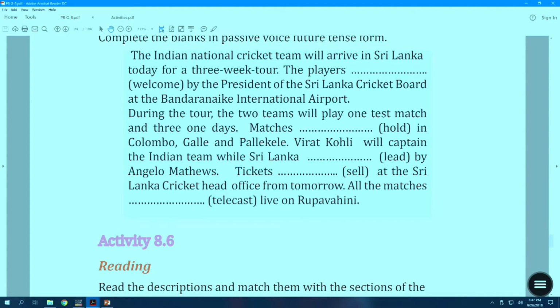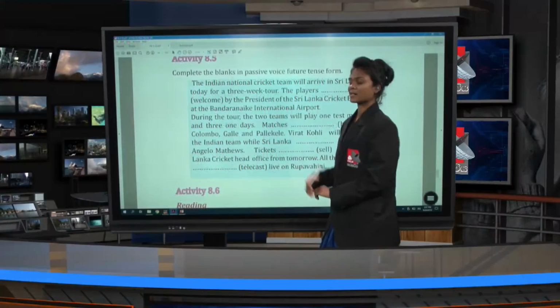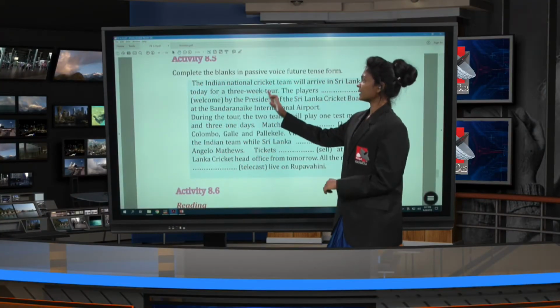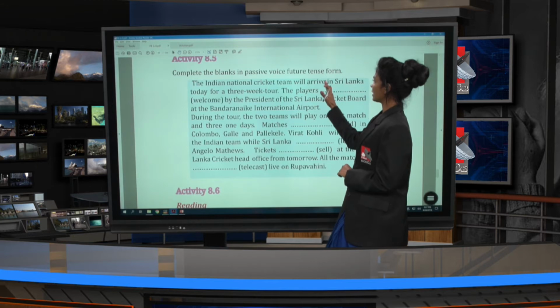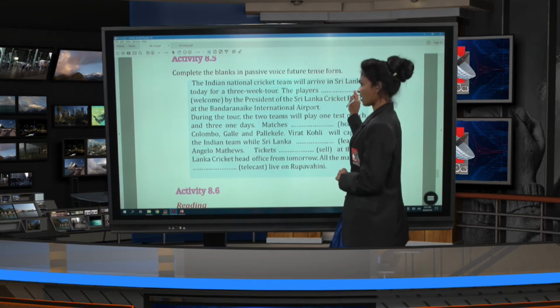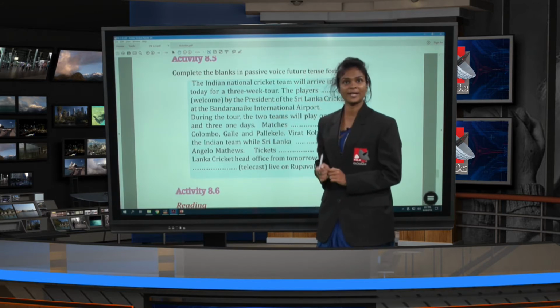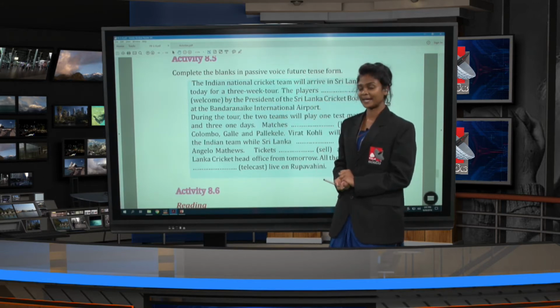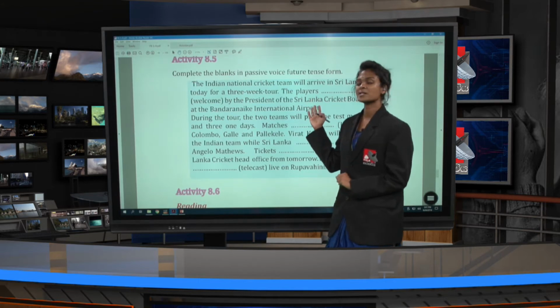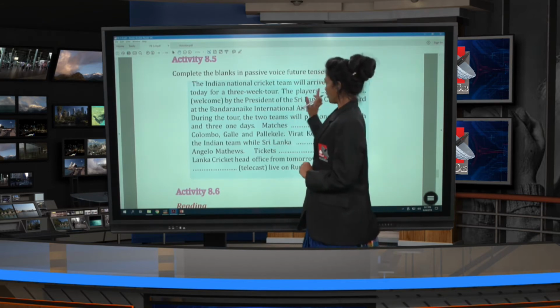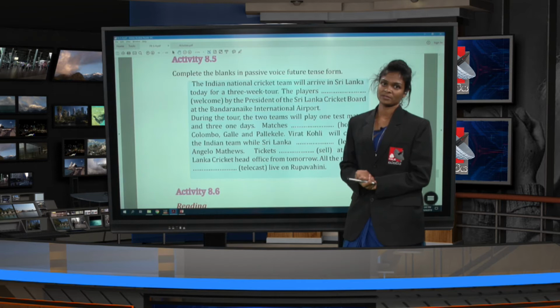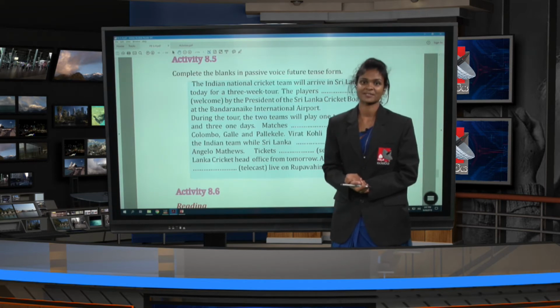Right, now together we will fill the blanks. The Indian national cricket team will arrive in Sri Lanka today for a 3-week tour. The players, what is your answer? Will be welcomed, because they haven't arrived yet.